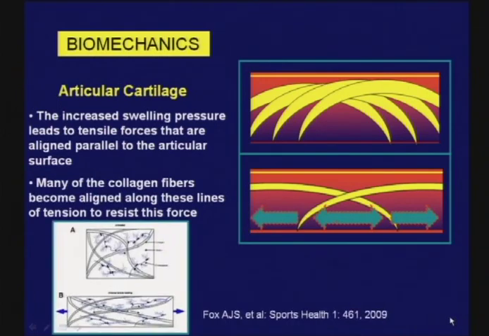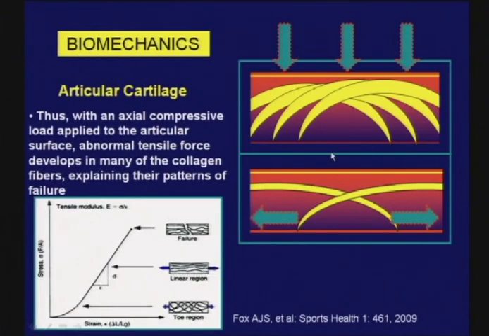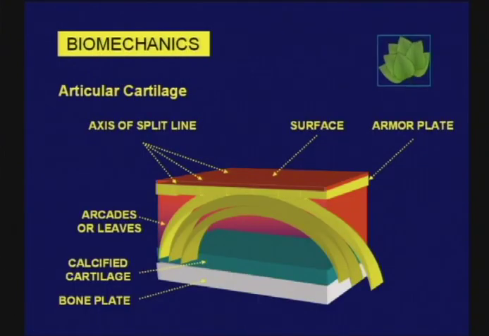Many of the collagen fibers become aligned along the force lines, so they become more horizontal or horizontal oblique. And therefore, with an axial compression load, compression of articular cartilage, abnormal tensile force develops and explains the patterns of collagen failure, much as we explain them in tendons and ligaments, as I will do over the next few days. So this is the theory, how compressive force is converted into tensile force and can explain the patterns of collagen fiber failure.